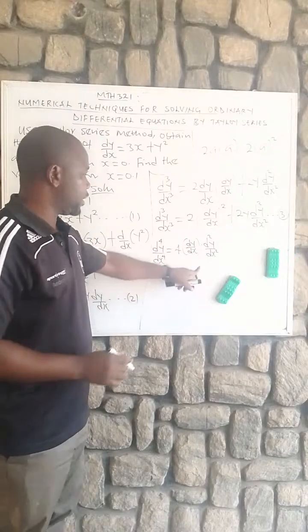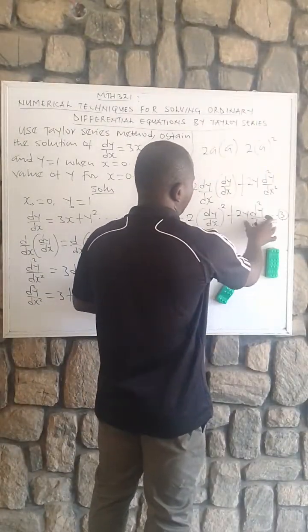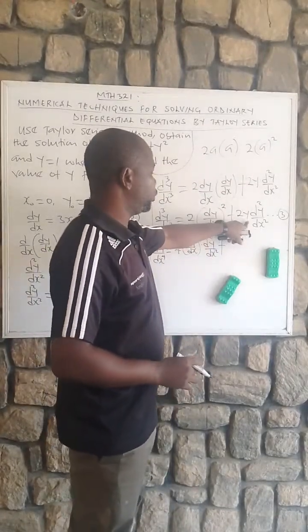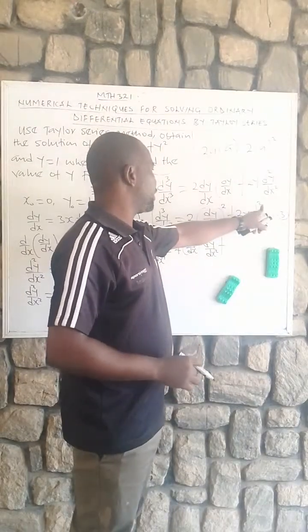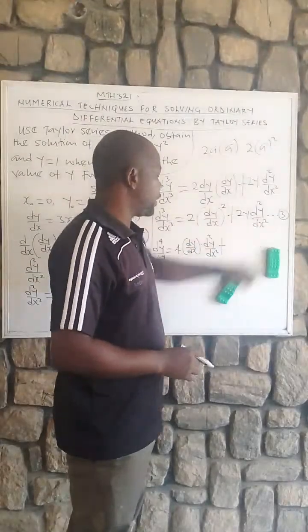As simple as ABC. Then plus, here we use the product rule because we have two functions, 2y and d squared y over dx squared.